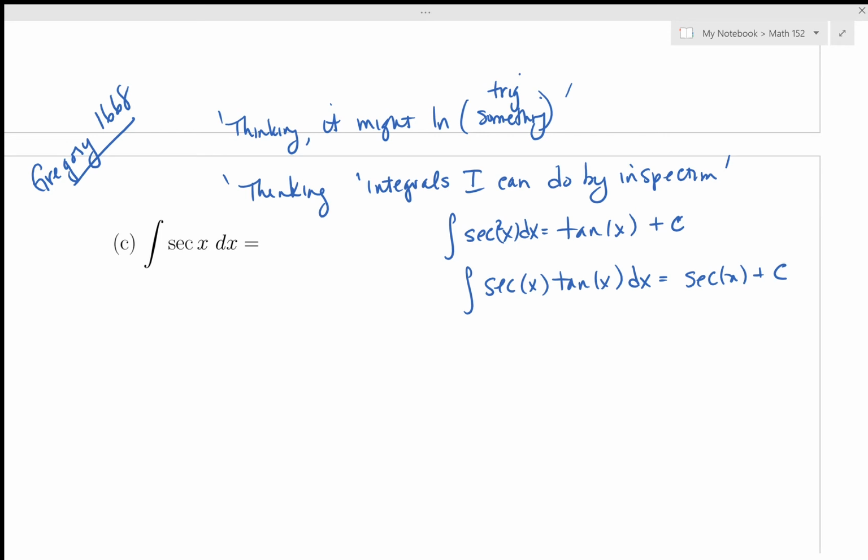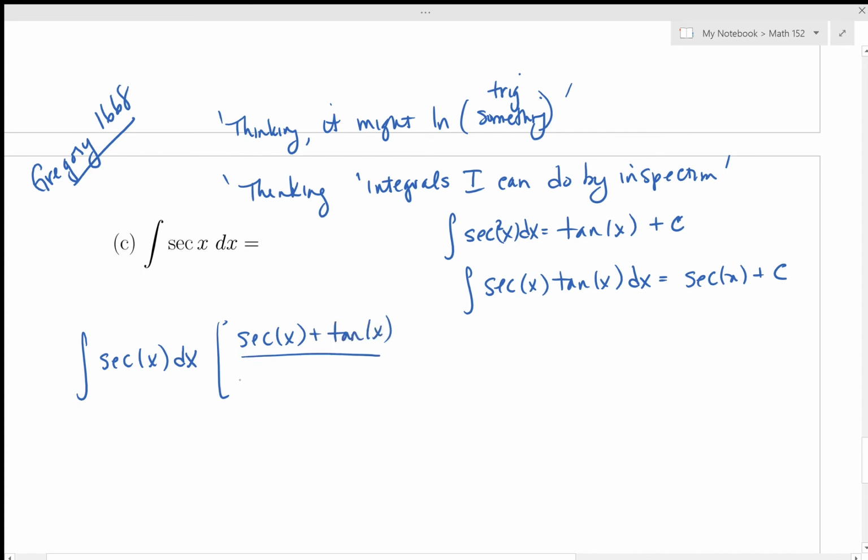And here's how we're going to handle this one. We're going to take the integral of secant x dx, and we are mysteriously, in some sense, going to think, I know what to do. Let's multiply top and bottom by 1, and 1 looking like this. That's not going to change anything. Multiplying by 1. However, it's a very special form of 1.